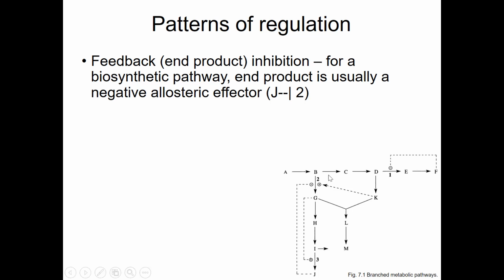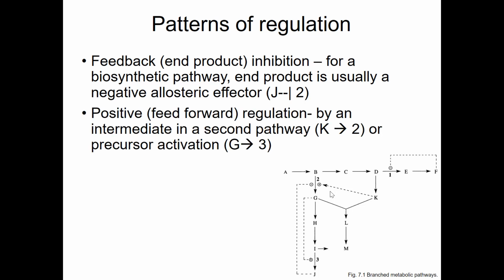So you can see here, enzyme 2 takes B and converts it to G. G is then converted to H, which is converted to I, which is converted to J, which is the end of that pathway. J can then go back and inhibit enzyme 2. This is essentially saying, hey, you've already made this product, you can slow down or stop this reaction from happening.